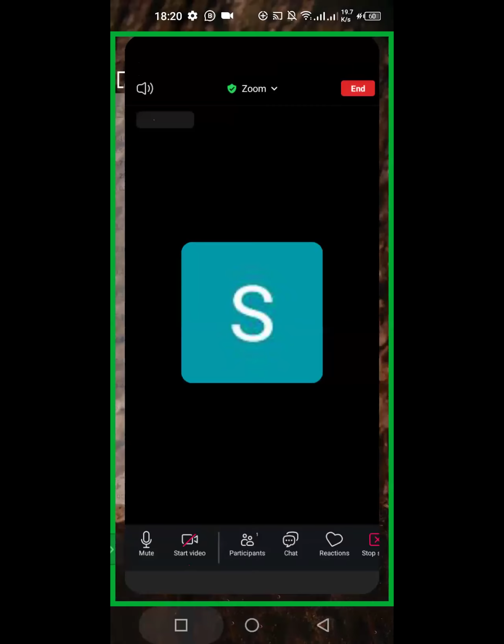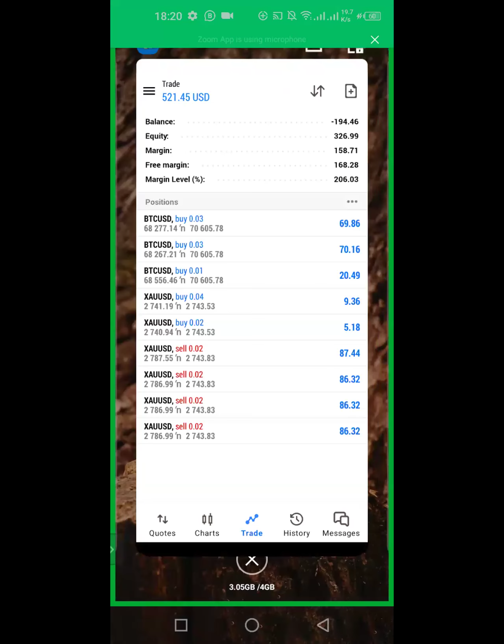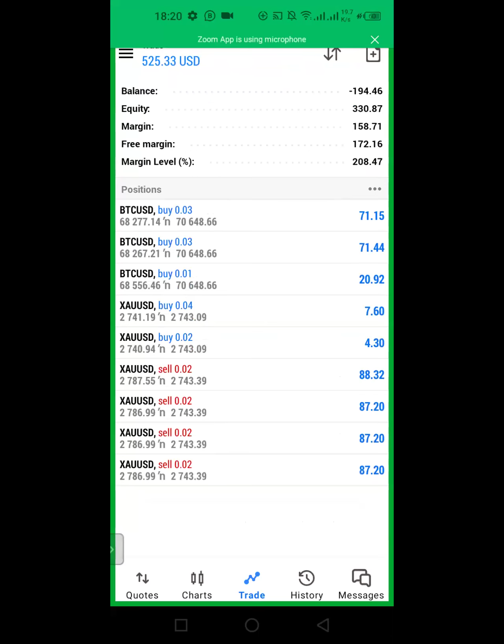I'm going to be using this demo account for the purpose of this explanation. Before you can take partial profits, just like I said, partial profit means taking half. You need to be using lot sizes of 0.02 upward, right? You can't take partial profits with 0.01 because there is no half. You cannot take half of 0.01.